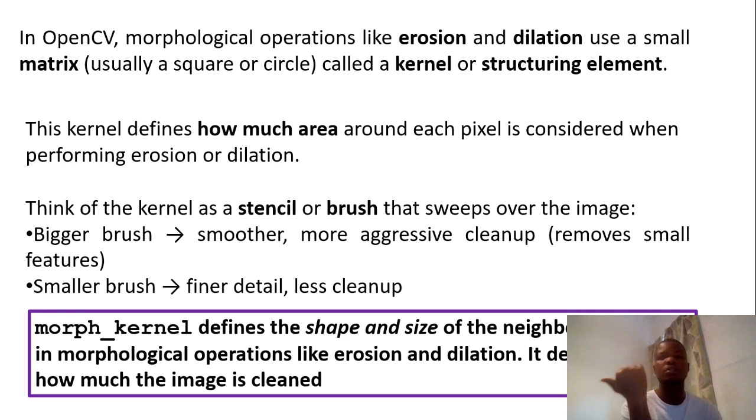It will be more aggressive and may basically remove good features, while smaller brushes, maybe a 5 by 5 kernel, give finer details, right? You are going to see the morphological kernel in our code right now. That's what we use for erosion and dilation.